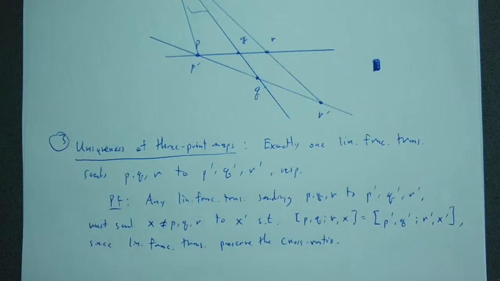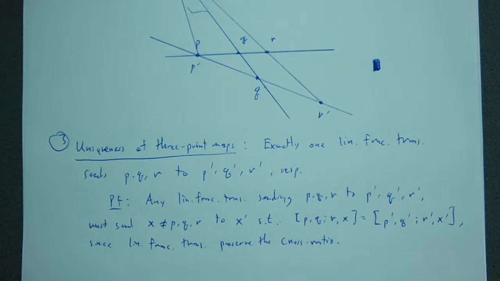But this X prime has to be unique, right? Well, what does that mean? It means if you have a linear fractional transformation sending P, Q, R to P prime, Q prime, R prime, then any other point must get sent to this X prime in a unique way. There's not another choice here, right?